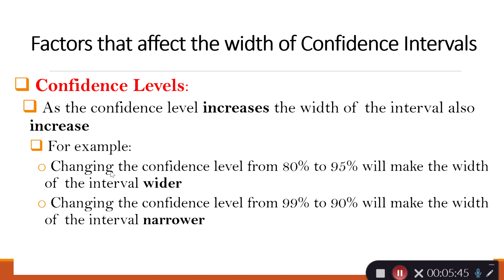Remember, the larger the confidence level, the larger your critical value, which affects the width of the confidence interval. Okay. So changing the confidence level from say 99% to 90% would make the width narrower. So it will make it smaller. So the larger the confidence level, the larger the width of the confidence interval.